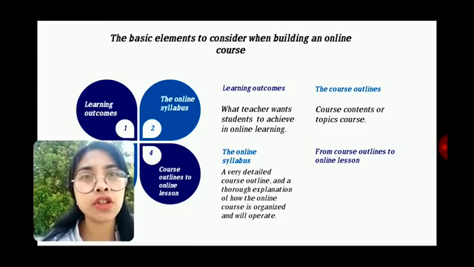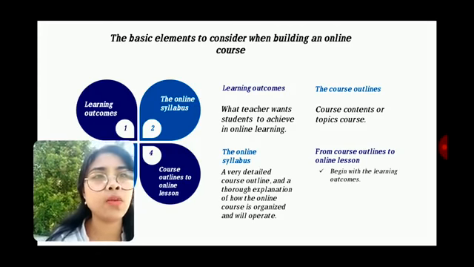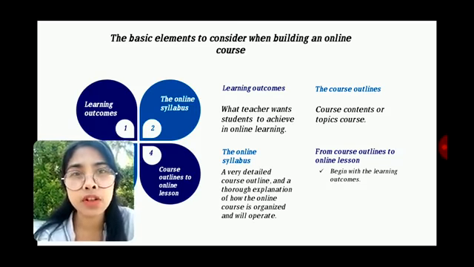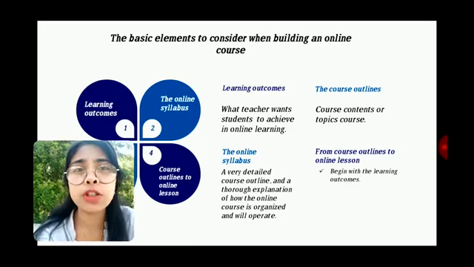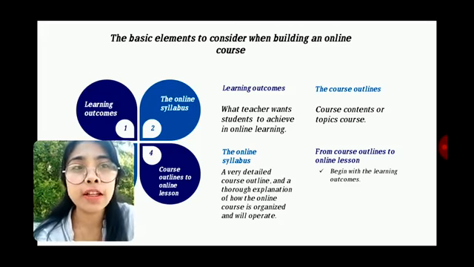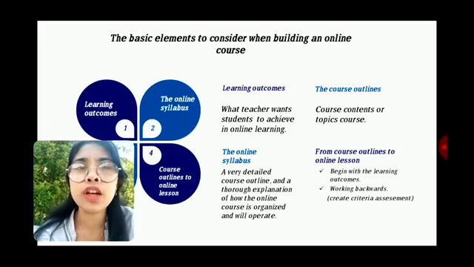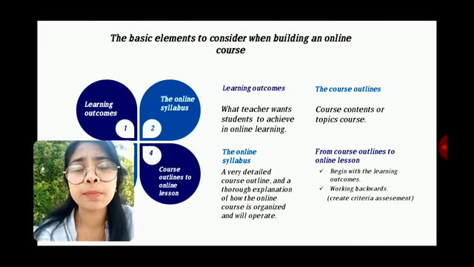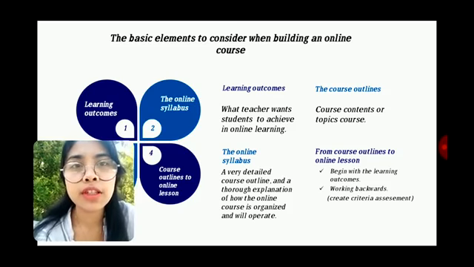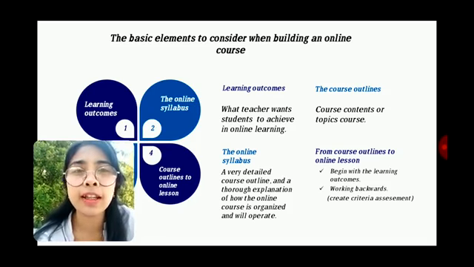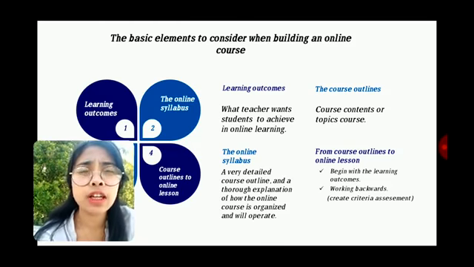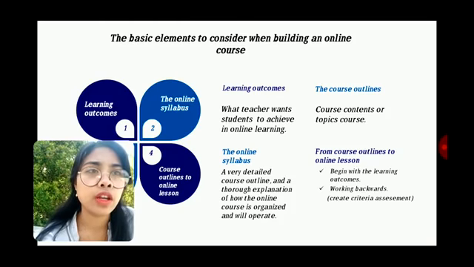It should consider 3 steps. The first is begin with the learning outcomes. As I have said, learning outcome is very important because it guides a teacher to develop the online learning. The learning outcome is something like "student will be able to...". It's the expectation or the result of the online learning that should be reached by the student, and then it's working backward.